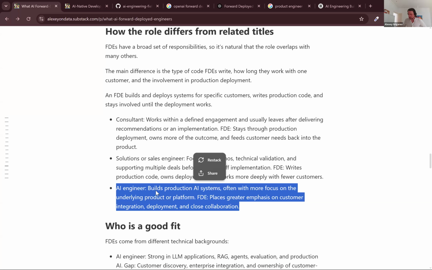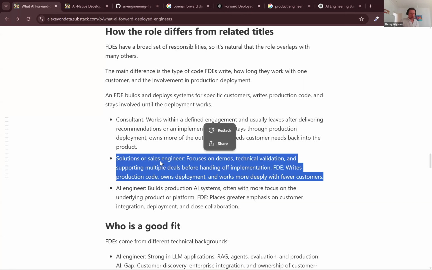AI engineers don't work with customers; they work in the core product. FDEs work with customers, and this is the main difference. They have to have this product sense to find the best problem to solve with AI in your organization. But otherwise, I would say they are AI engineers.